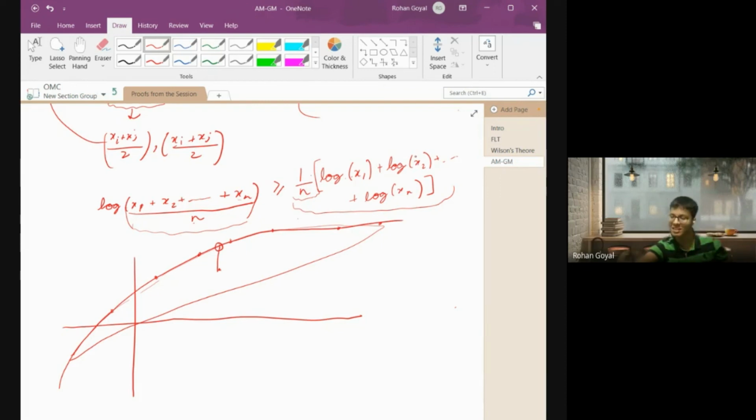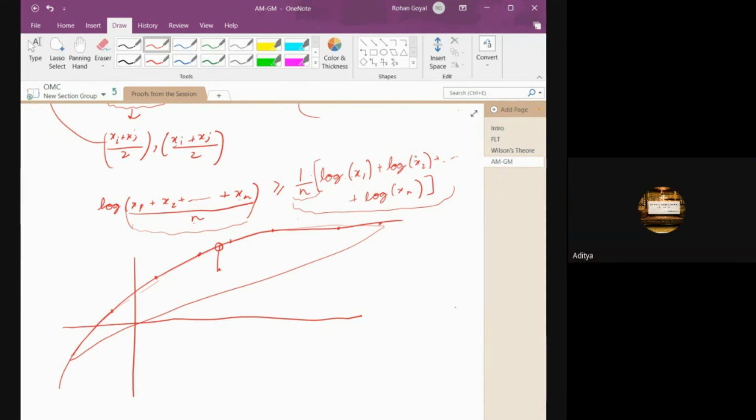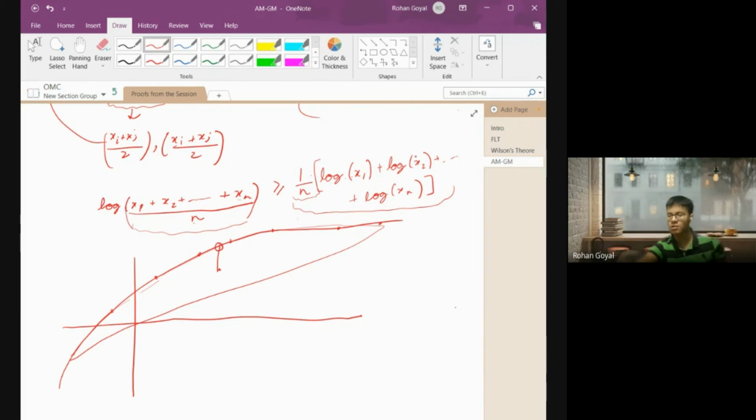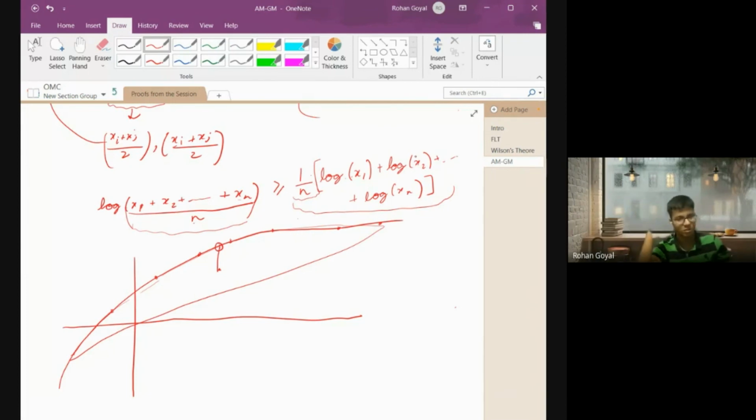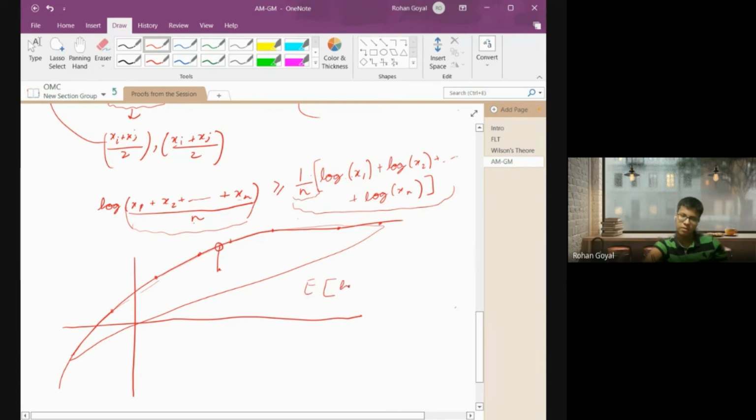This is a very different structure. You're comparing within the log, not comparing x and log x. Are you saying the expectation of log x is less than or equal to log of the expectation of x?